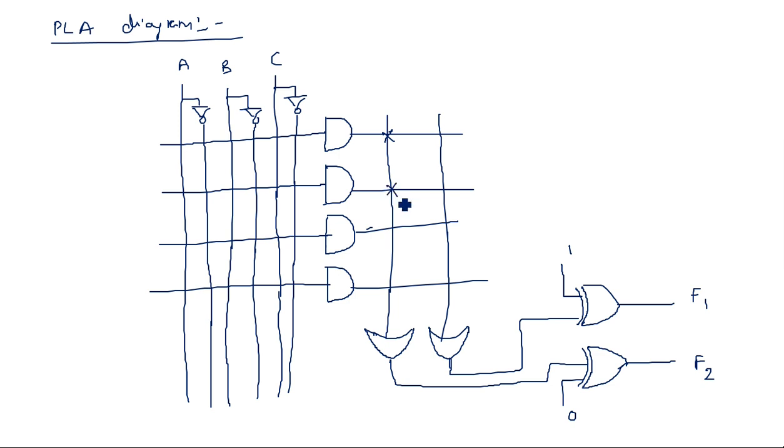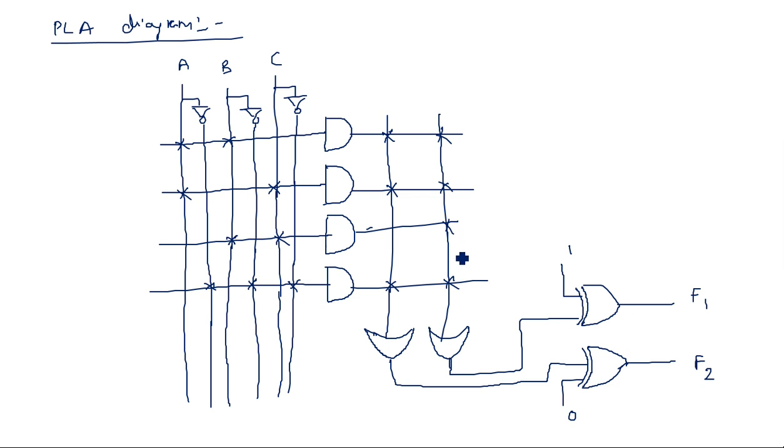This one, and this one, here, here, here, and here. Here the product terms are AB, AC, BC and A bar, B bar, C bar.